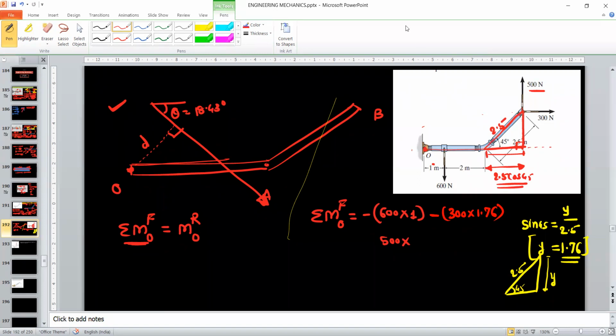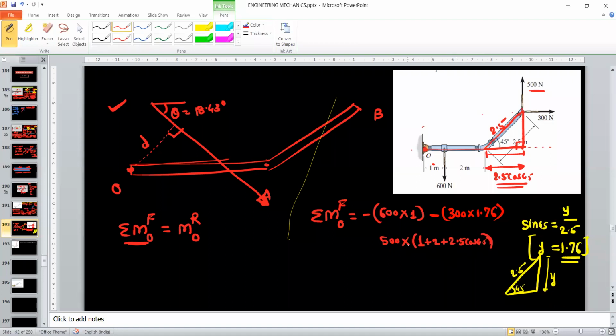Just use the trigonometry. So the total distance will be 1 meter, 2 meter plus 2.5 cos 45, so this is 1 plus 2 plus 2.5 cos 45. This is the perpendicular distance for 500 Newton.